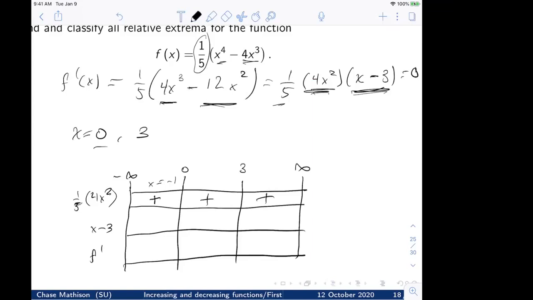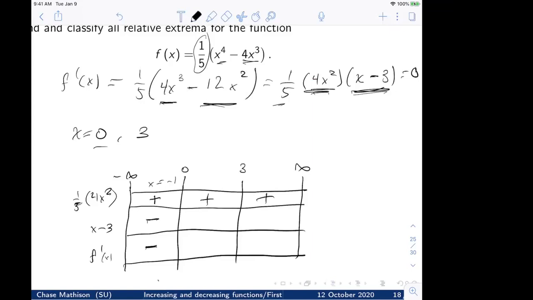Does that make sense to everybody? Because it's x squared, we want positives all the way across there. Okay. So what sign does x minus 3 have when x is -1? Negative. Perfect. So what sign does f prime have when x is -1? Negative. Perfect. Because positive times a negative gives me a negative.